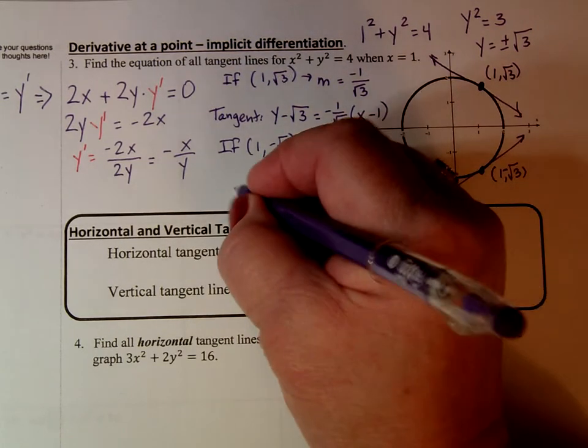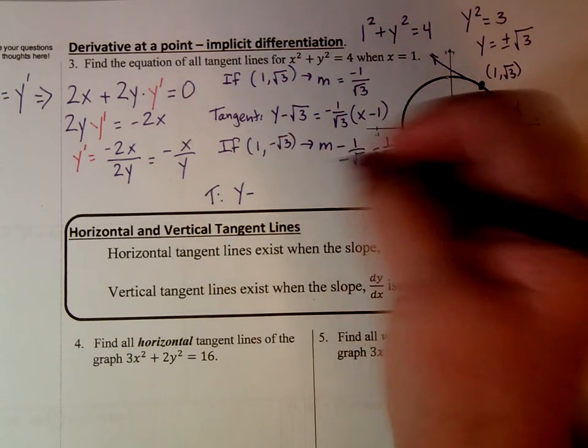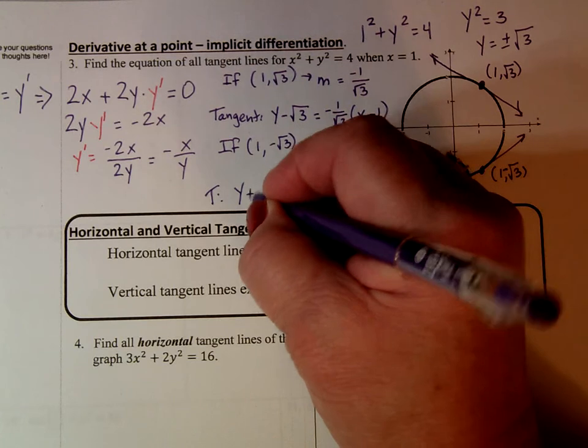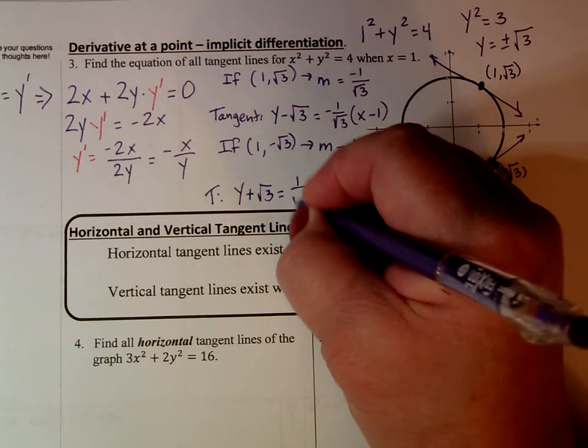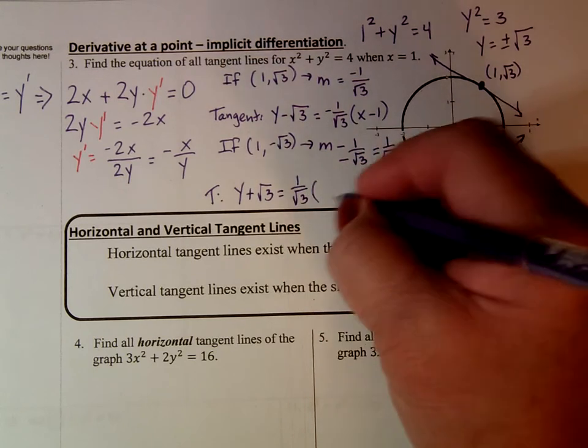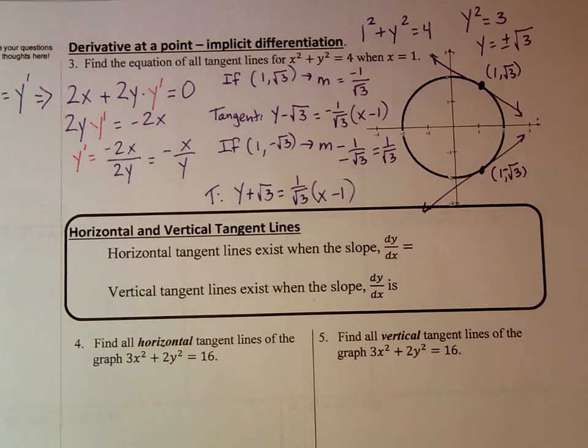My tangent is now going to be y minus a negative square root of 3, y plus the square root of 3 equals 1 over the square root of 3 times x minus 1. And so those are your equations for those tangent lines.